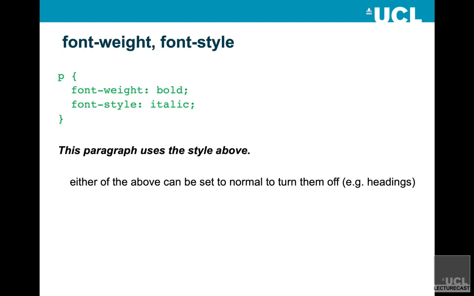We have already used font weight and font style in this presentation. So it's apparent that we can use font weight to make a piece of text bold or font style to make the text italic. What's useful to highlight here is that rather than using the B tag and I tag when it comes to providing stylistic information within the HTML, it's always better to use CSS rather than using HTML tags.